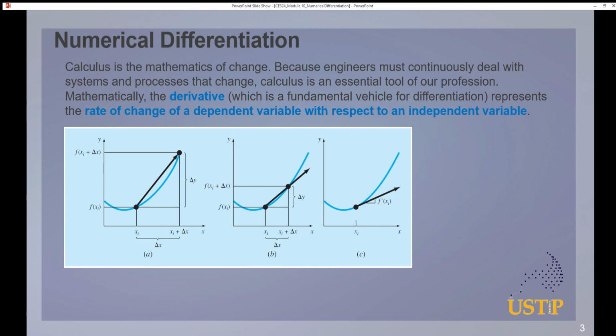Okay? Basically, delta y is just the difference f of xi plus delta x minus f of xi.